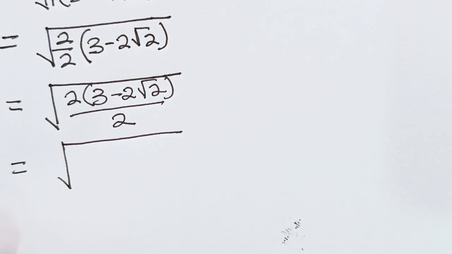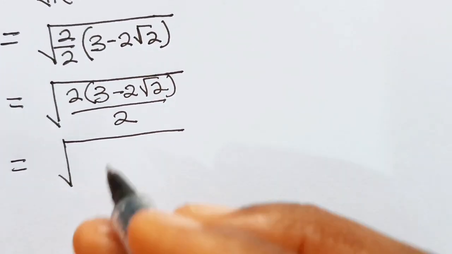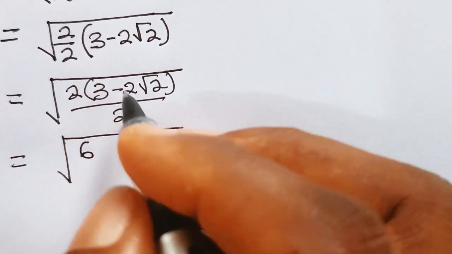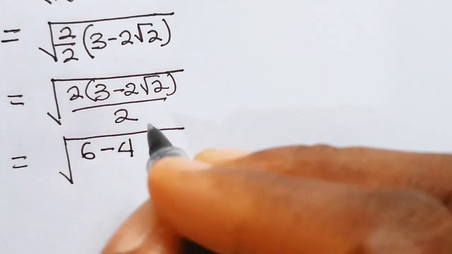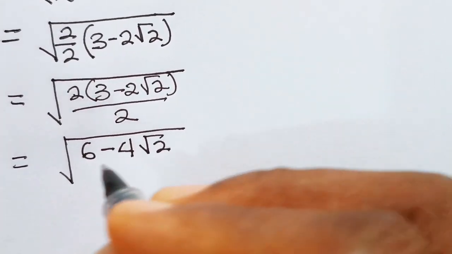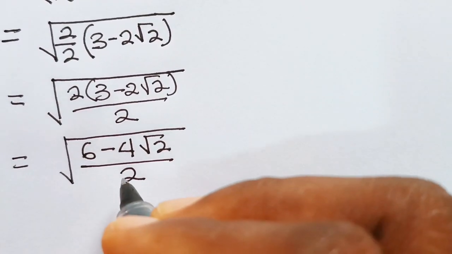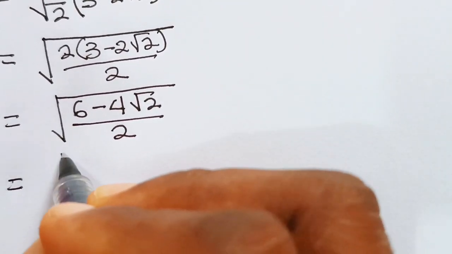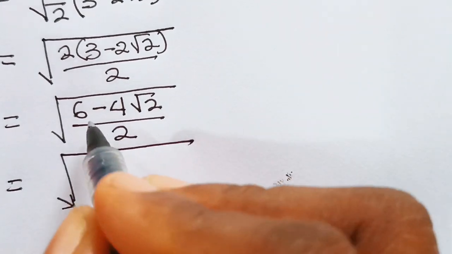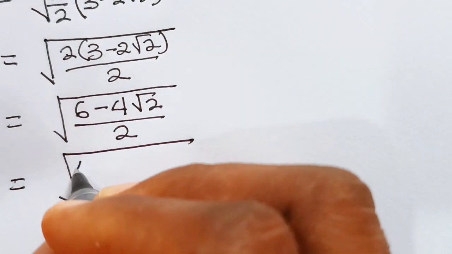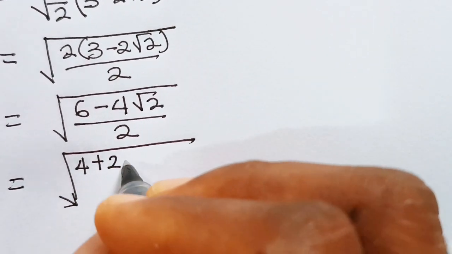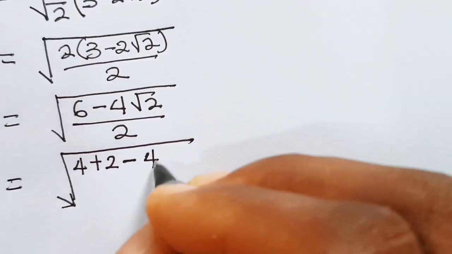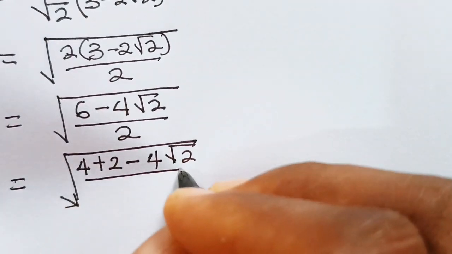If we open the bracket, then we will have 2 times 3, which is 6, 2 times minus 2, which is minus 4, and we have root 2 divided by 2. All right? Now, this is equal to the square root of 6, minus 4 root 2, divided by 2.